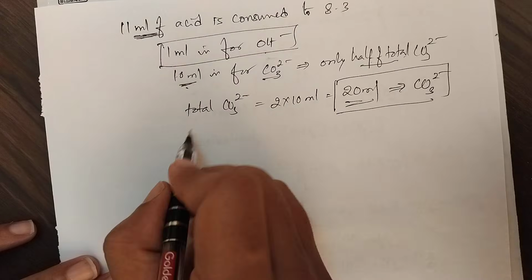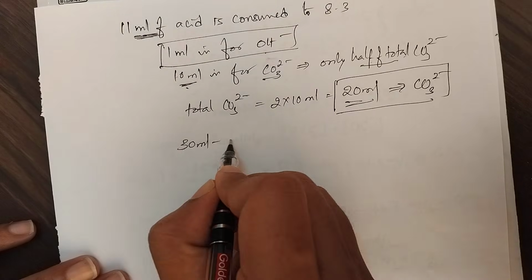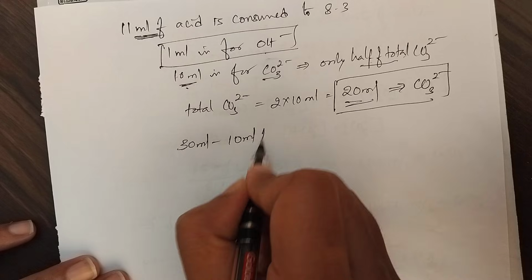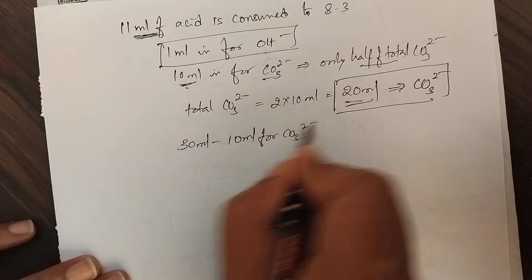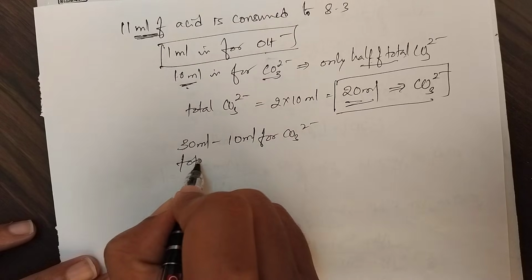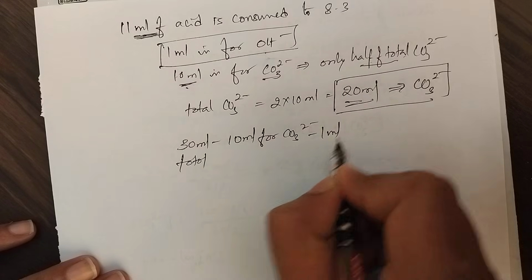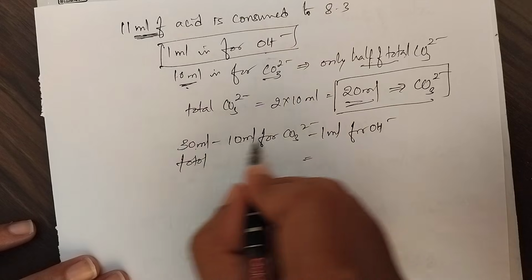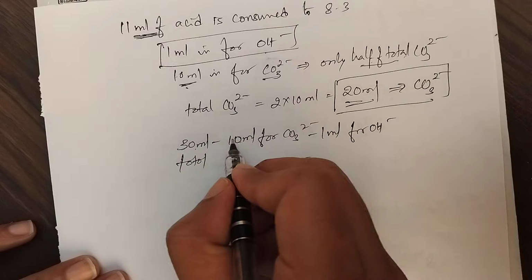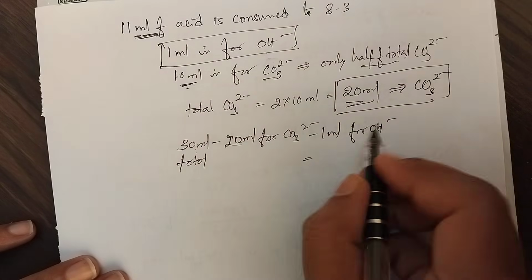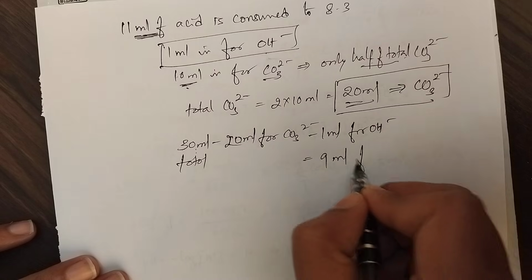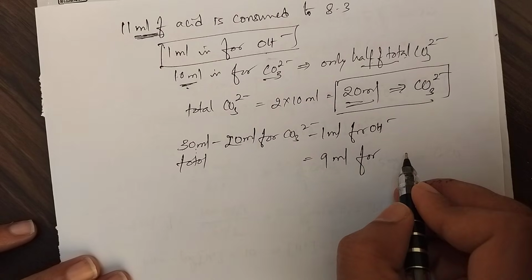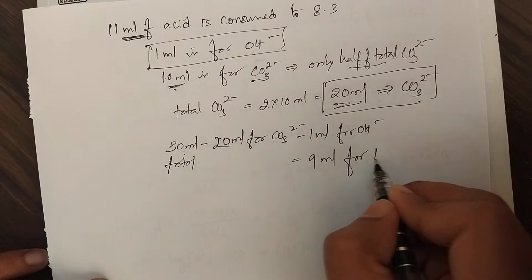We know the total is 30 ml, out of which 20 ml for CO3 2 minus and 1 ml for OH minus, so 30 minus 21 would be 9 ml for the remaining, that is HCO3 minus.